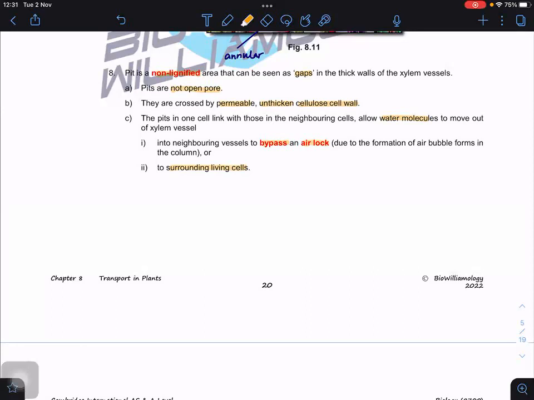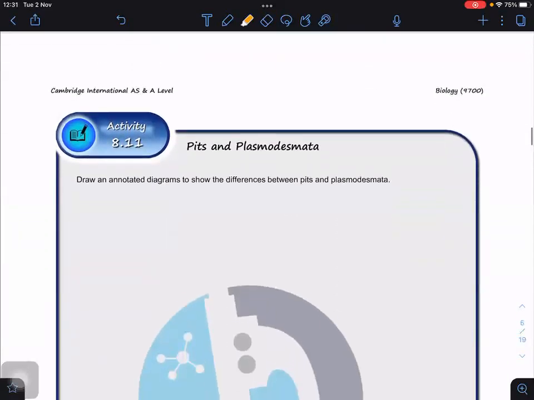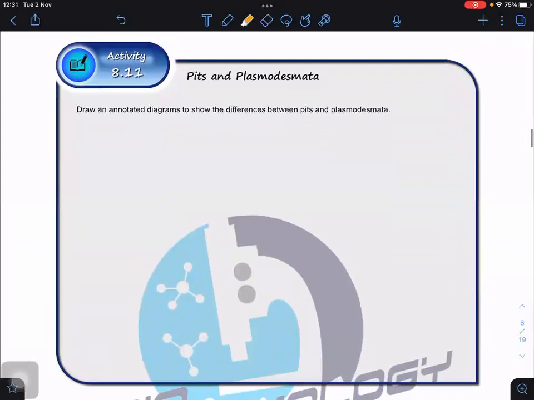Okay, so let us look at this. What's the difference between the pits and plasmodesmata? Because in chapter 1, we learned about plasmodesmata, but we didn't learn much about pits. So today, let us look at the differences between the pits and plasmodesmata by having this annotated diagram.